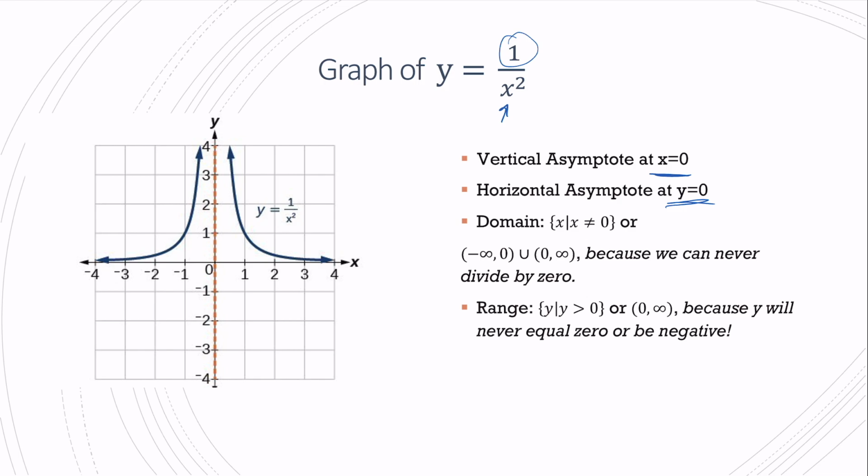That's why I've got a horizontal asymptote here too. My domain is the same as our reciprocal function, as long as my x doesn't equal 0. And my range in this case is when y is greater than 0, because it can never be negative. It can never be less than 0 or equal to 0.